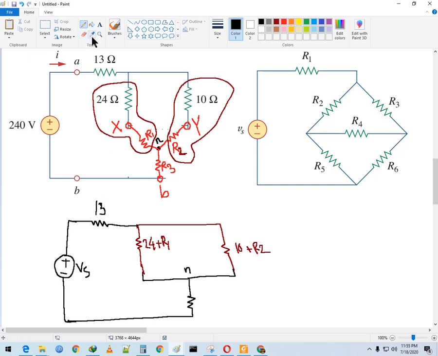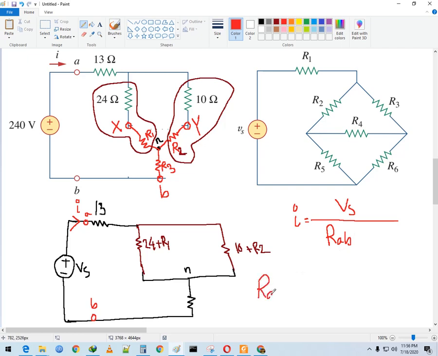So now it's quite easy to solve for I, because now we can write the expression for R equivalent, that means RAB. This is node A and this one is node B. So the expression for I should be Vs divided by RAB.